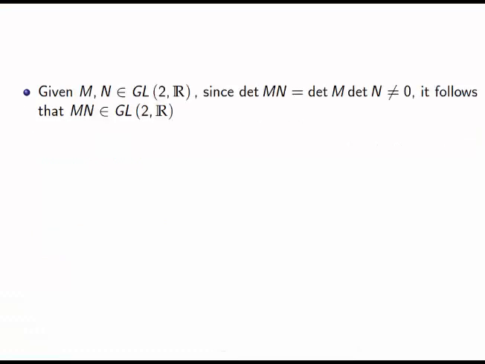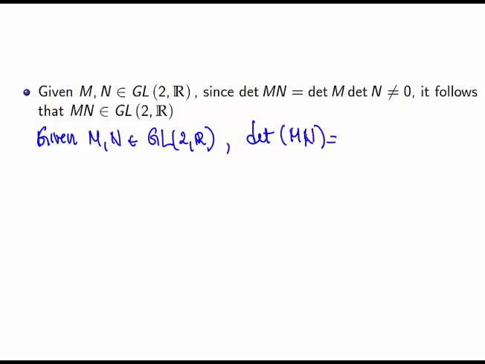Now, given M and N, which are two by two invertible matrices, the determinant of the product MN, remember that the determinant of a product of two matrices is the product of their determinants.